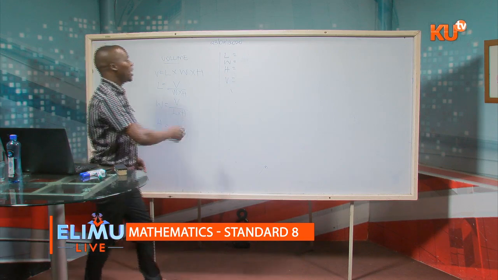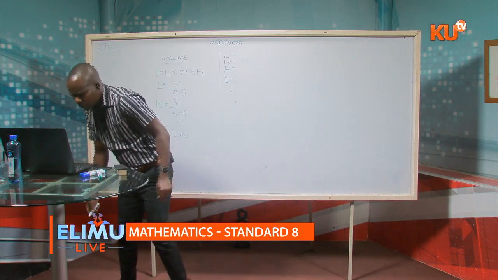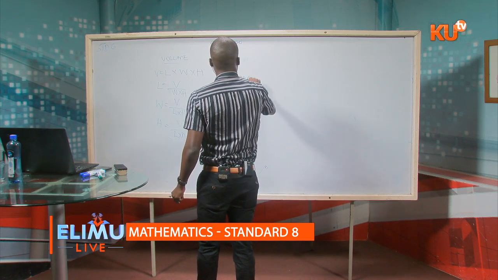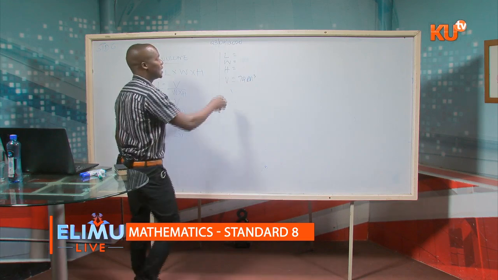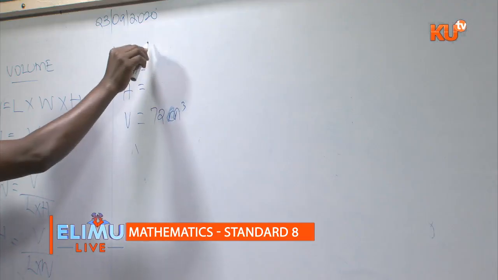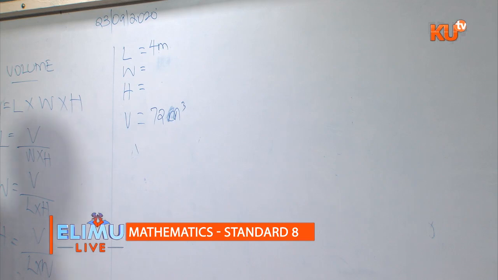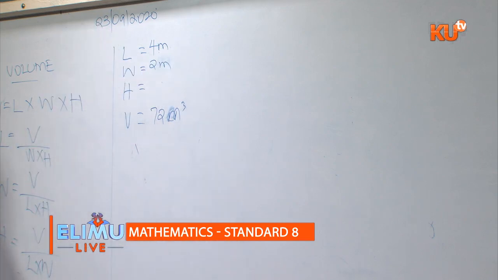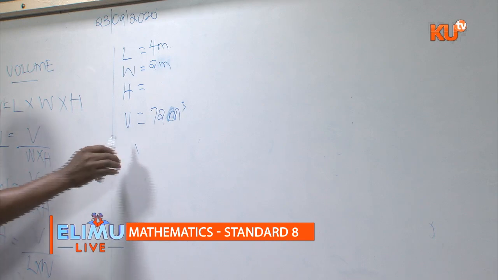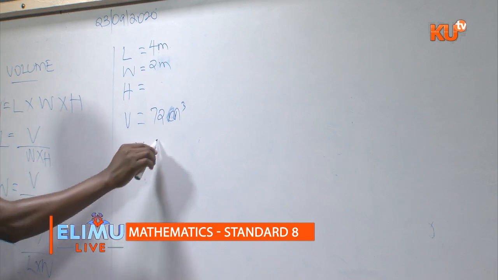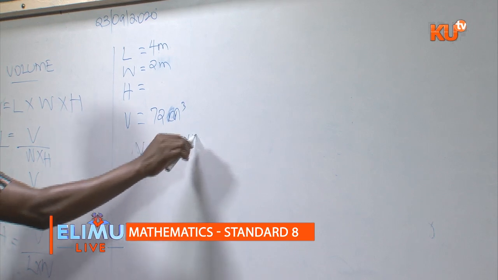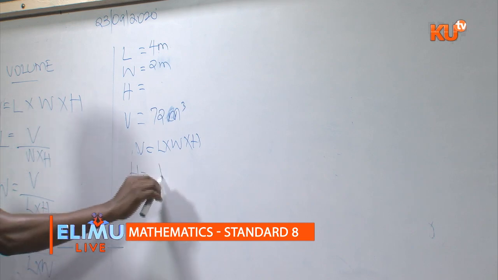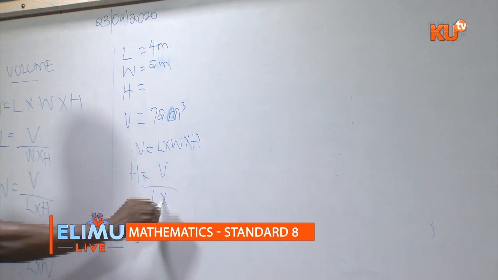Now let's try height. You are given volume to be 72 cubic meters. Length is 4 meters and width is 2 meters. Find height. The same way, since volume is length times width times height, height will be volume over length times width.